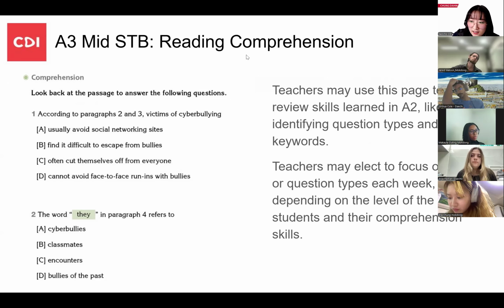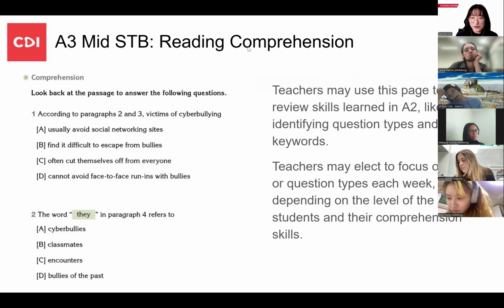So you can help them identify what kind of question type this is, or what the keywords in this question are, and then these kinds of clues can help the students identify what the correct answers are.